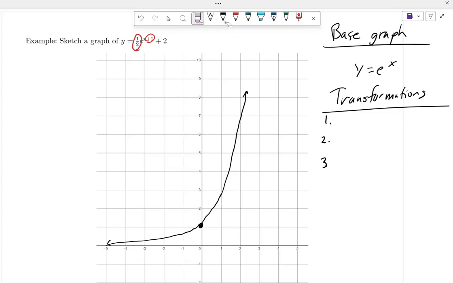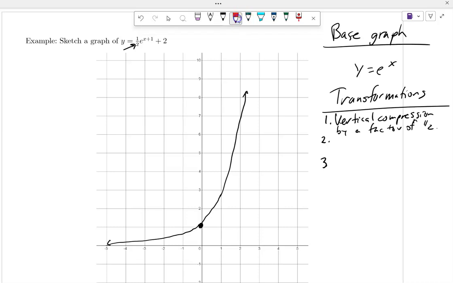What does this 1/2 do? Vertical compression, good. That's a vertical compression by a factor of 1/2. Okay. It makes it 1/2 as tall, right? Does that change where your horizontal asymptote is at all? No, it's just going to make it 1/2 as tall, right?